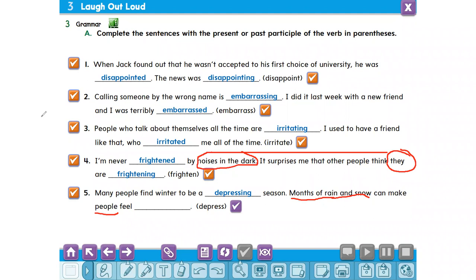I think months of rain. No, we're going to describe people. In the first sentence, you describe winter. In the second sentence, we're going to describe people. So your answer is depressed. Thank you, Yusuf.